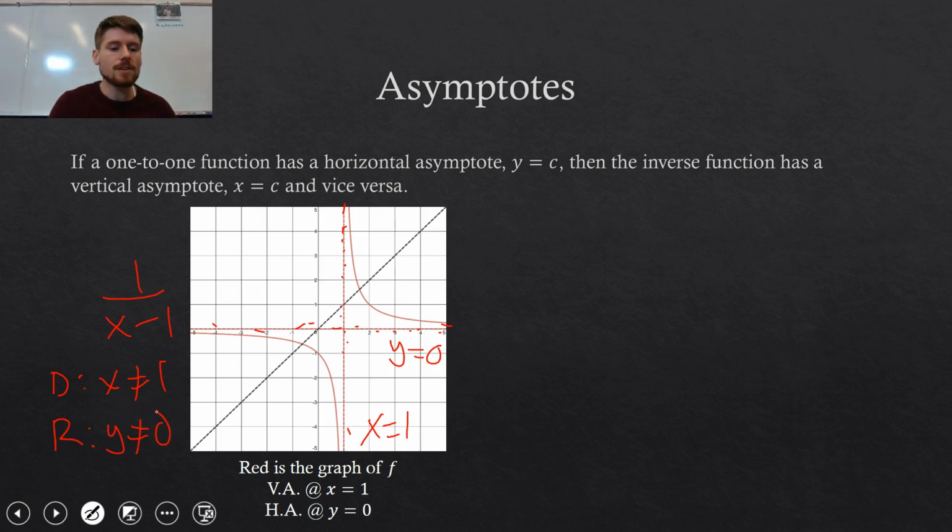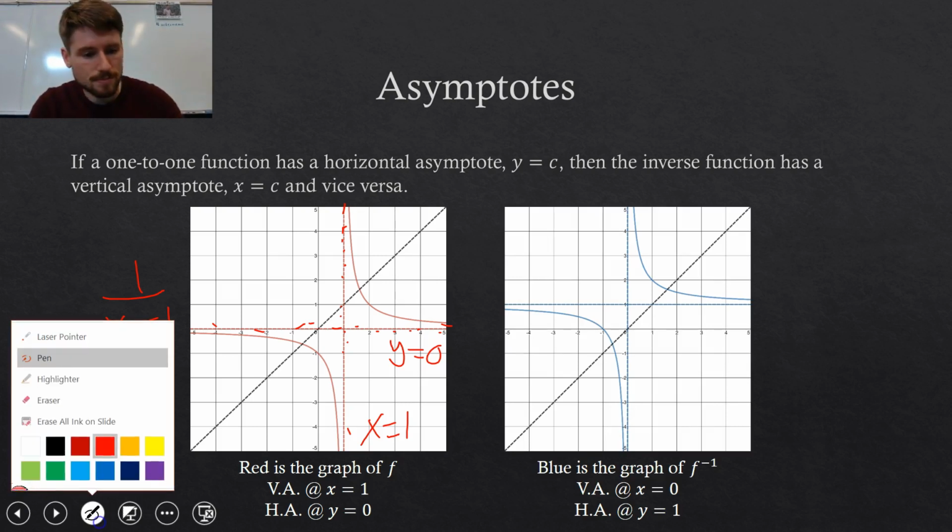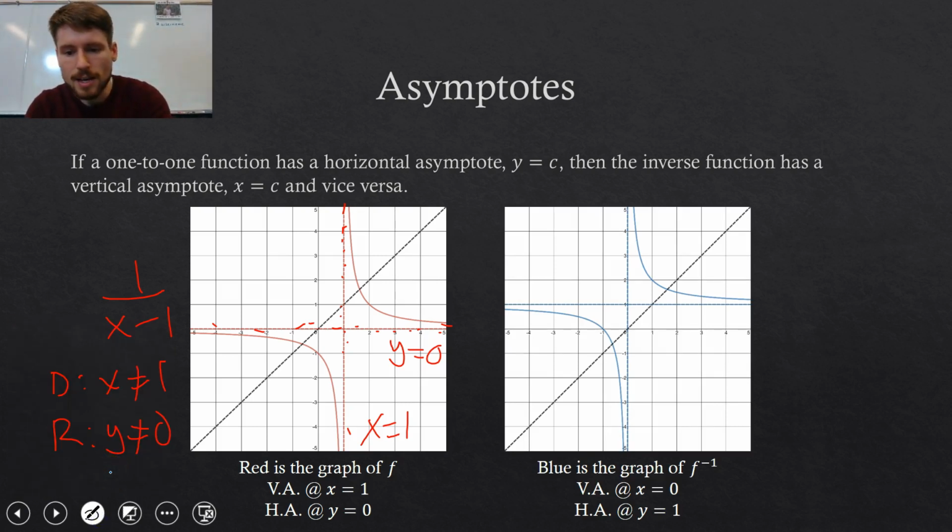So when we look at the inverse function, we know those domains and ranges flip from each other. And you'll get something that looks like this. It has a vertical asymptote when x equals 0. That was the horizontal asymptote of the original function.